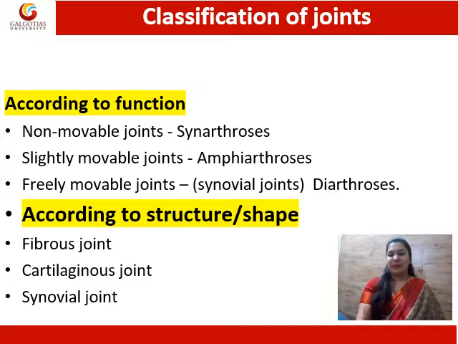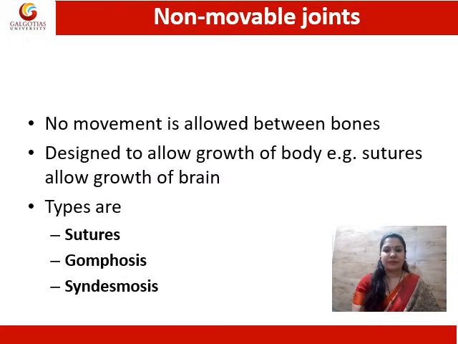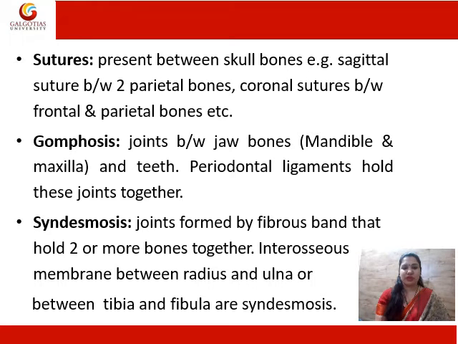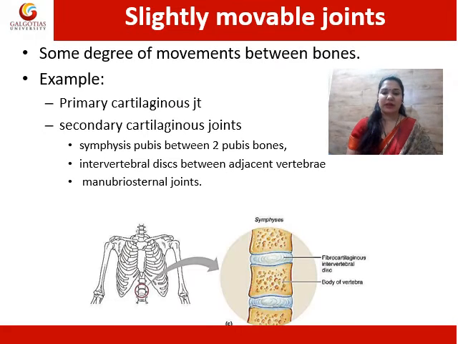Let's discuss in brief all these joint types. In the non-movable type, we have sutures, gomphoses and syndesmosis. They provide no movement at all. They are designed to allow growth of the body. In slightly movable joints, some degree of movement is present between the two bones.